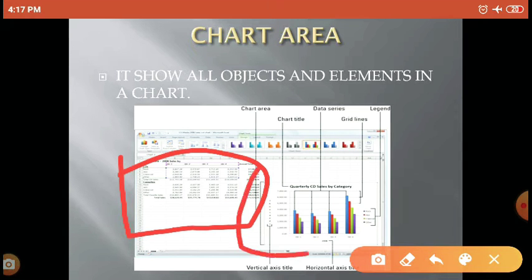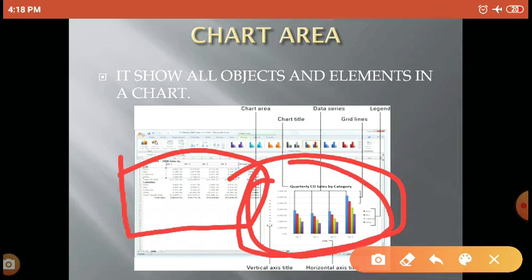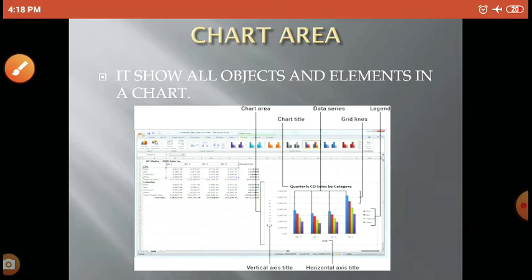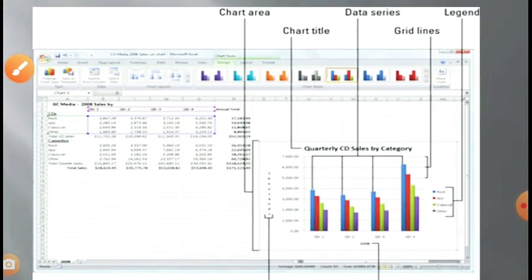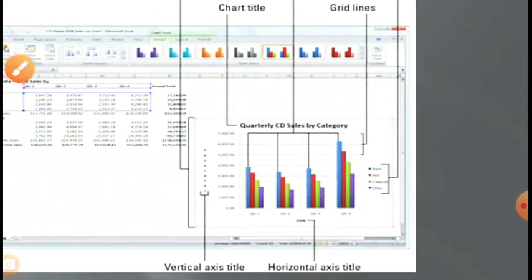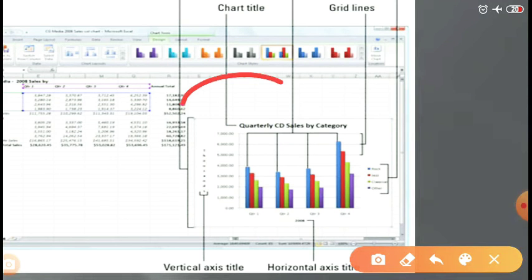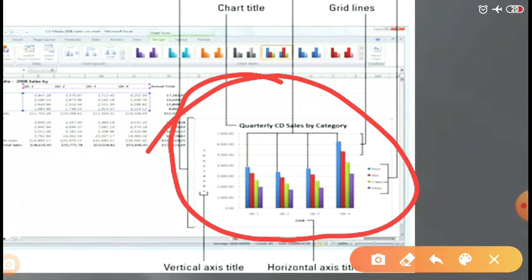This is our chart. Now see, it has everything: value axis, horizontal axis, legend, grid lines, data series, chart title. So whatever is there inside this chart, it shows everything. Okay, it shows all the objects and elements in a chart. That is called your chart area.